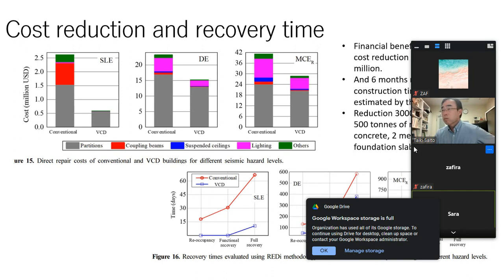Reducing the cost is the main benefit. And in figure 16, from this, it saves the time of recovery of the building.